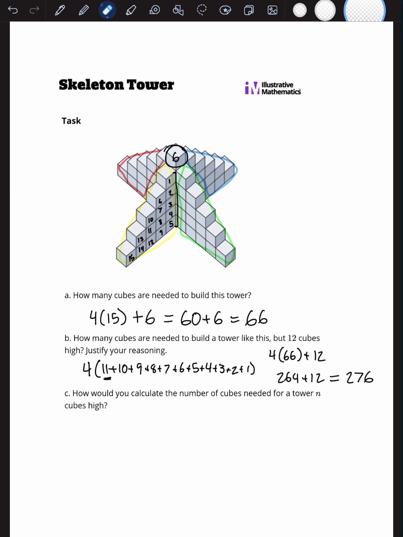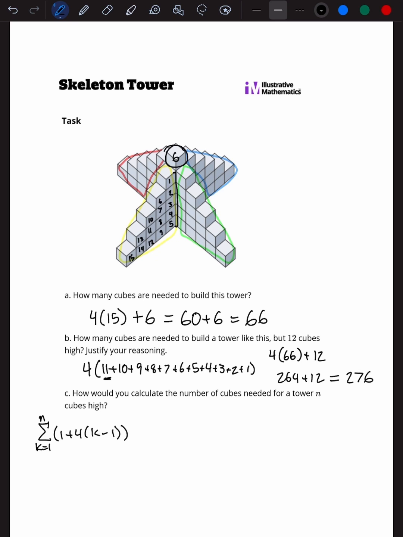And then if we want to look at the formula for how we would find the total of cubes needed for a tower n cubes high, we would have the summation from k equals 1 to n of 1 plus 4 times k minus 1.